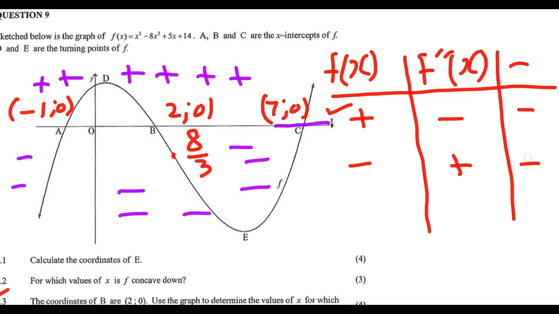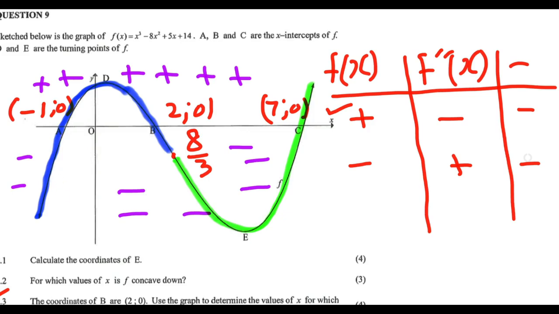Now we look at the second derivative. The graph is concave down till the point of inflection, and from the point of inflection the graph is concave up.